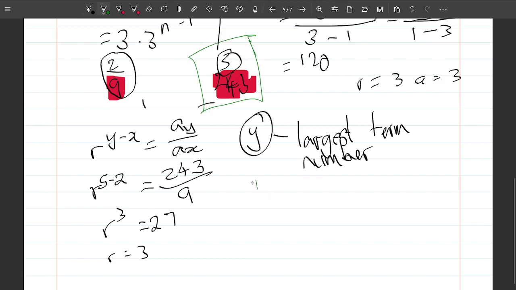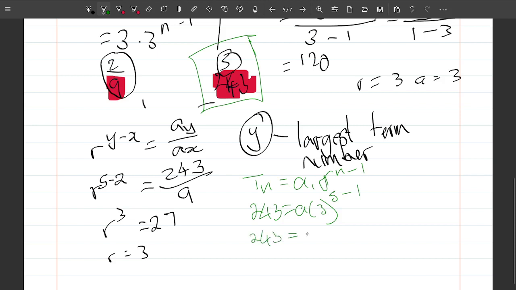So I know that Tn is equal to a r to the n minus 1. However, I know the Tn to be 243. Then the a is unknown. R, I just found the r to be 3. To the n for that is a 5 minus 1. Then I just simplify things from there.